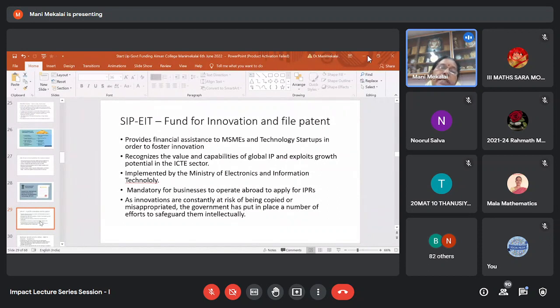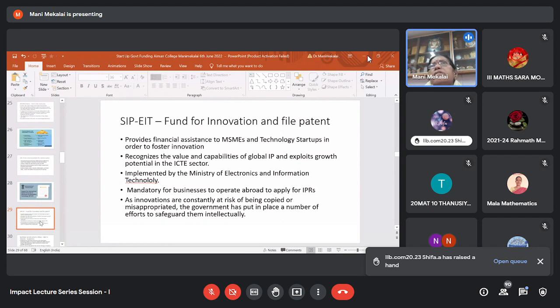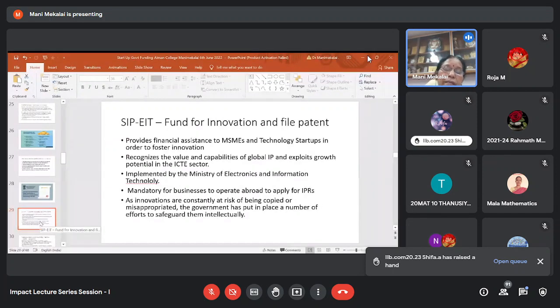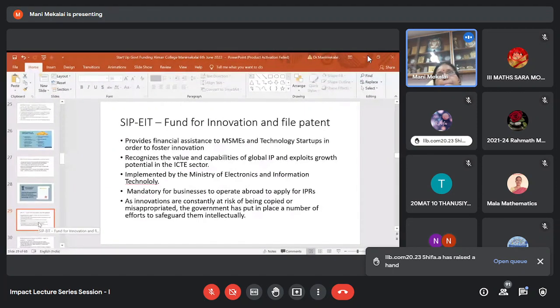So basically, particularly when you are interested in starting an export startup, then you have to move abroad. And when you are selling the product abroad, you have to have this patent booked. So patent rights, submission of application for patenting is very important.